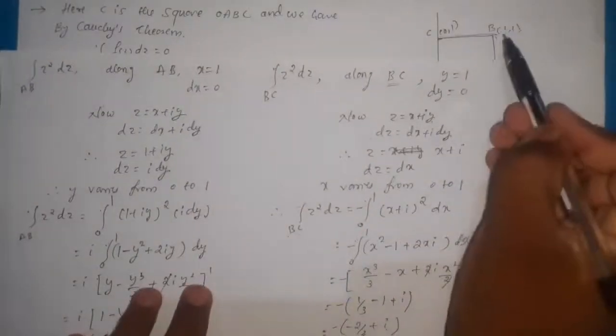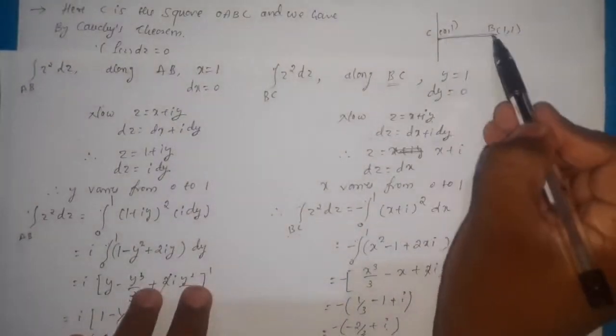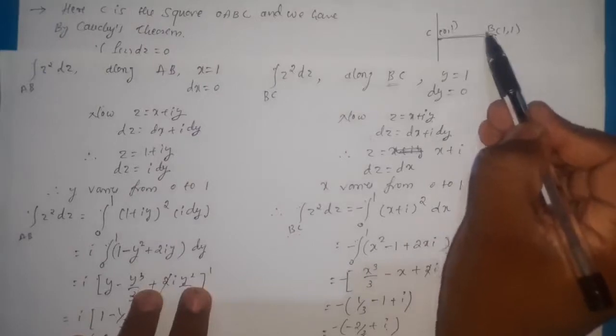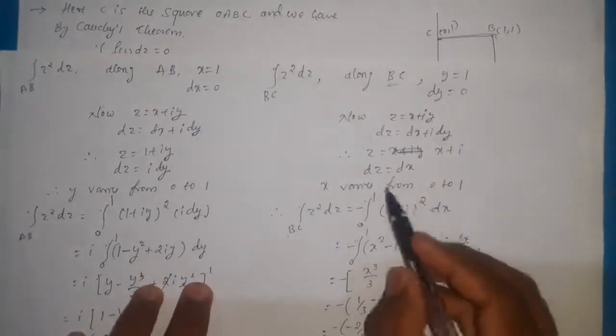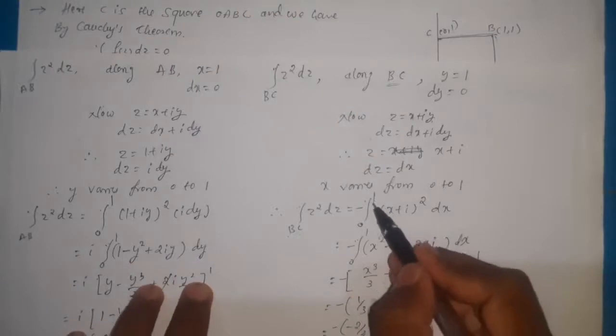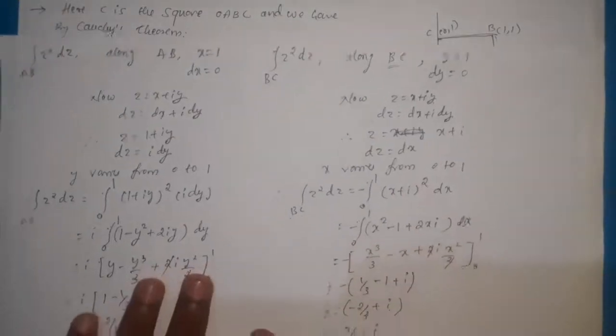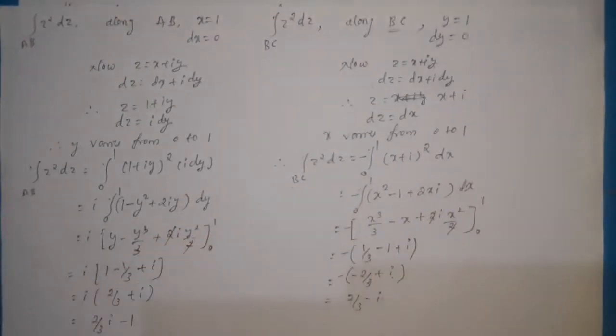So BC means from this point to this one, it means the limit must be from 1 to 0, but here we have considered 0 to 1, which means the sign of the integral becomes negative. So therefore the answer is 2 by 3 minus I.